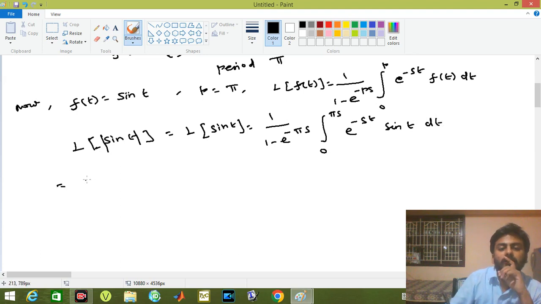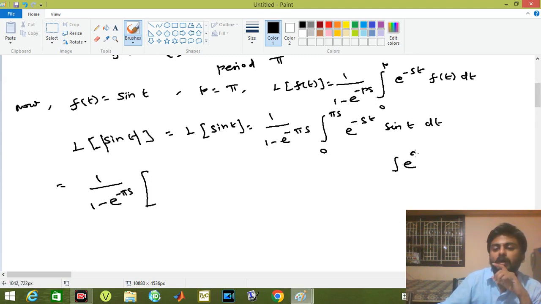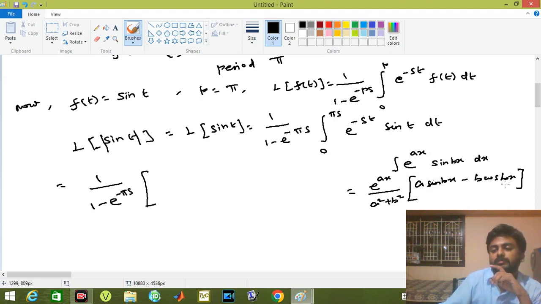So here 1 by 1 minus e power of minus pi s can be taken outside. On integration, we know that integral e power of ax sin bx dx equals e power ax divided by a square plus b square, into a sin bx minus b cos bx.